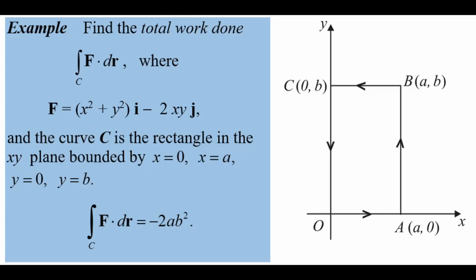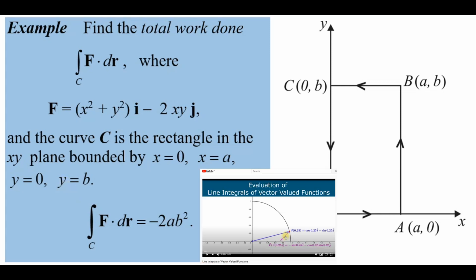As another example, we find the total work done, the integral over C of F dot dr, where F is the vector field given by (x² + y²)i - 2xy j, and C is the rectangle in the xy plane bounded by the lines x = 0, x = a, y = 0 and y = b.